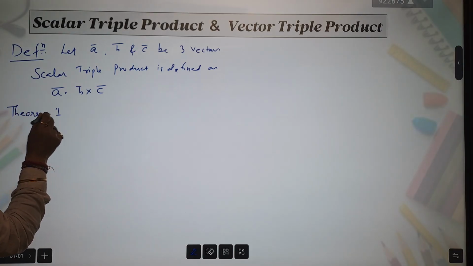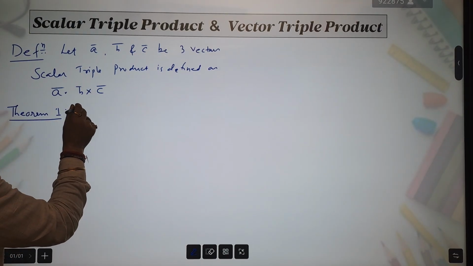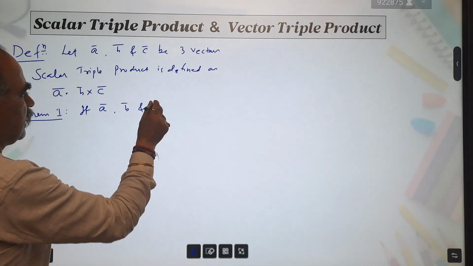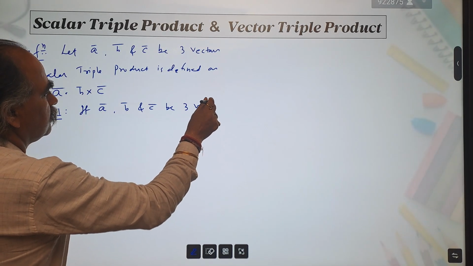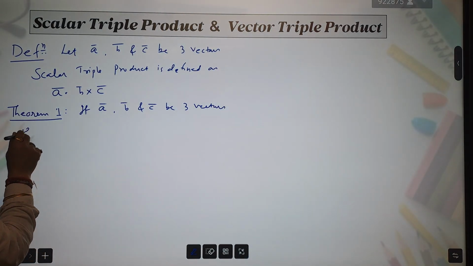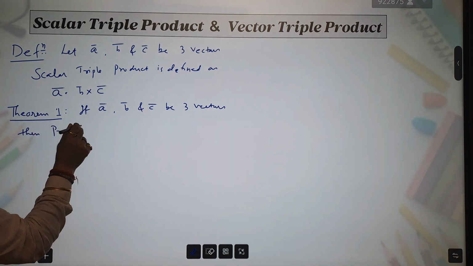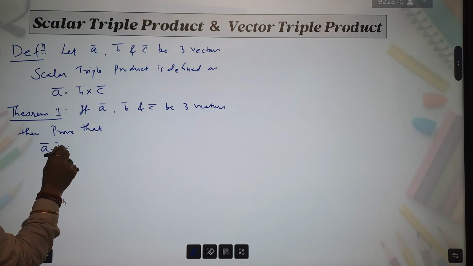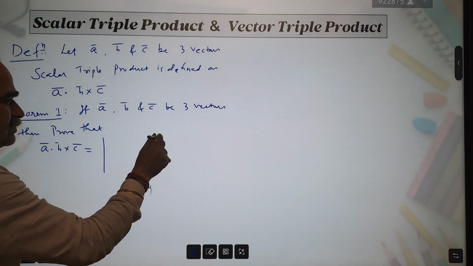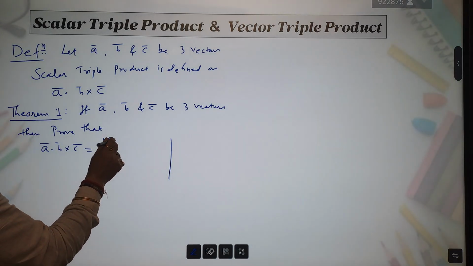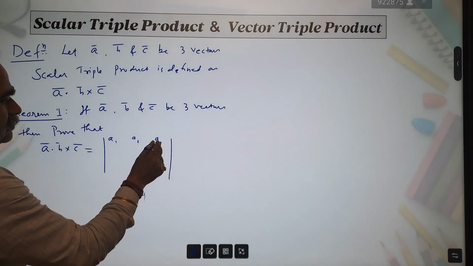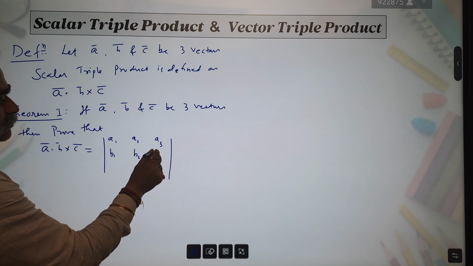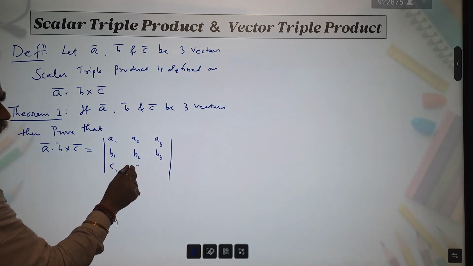Theorem 1. If A bar, B bar and C bar be three vectors, then prove that A bar dot B bar cross C bar is equal to determinant A1, A2, A3, B1, B2, B3, C1, C2, C3.